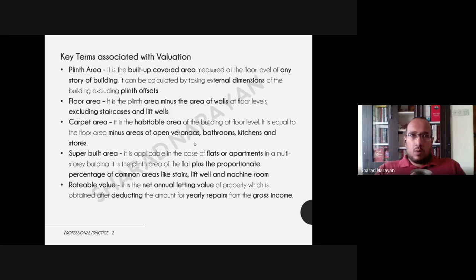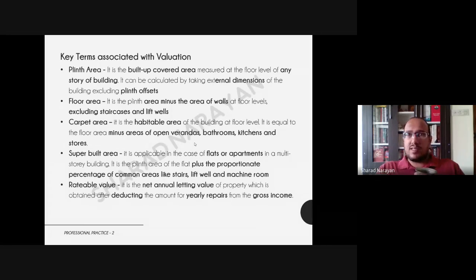Now, once you take those two into consideration, the amount for yearly repairs can also encompass the amount that goes into paying your property taxes, the amount that goes towards your infrastructure payments, towards your water supply and your electricity, then any amount that goes towards yearly repairs.